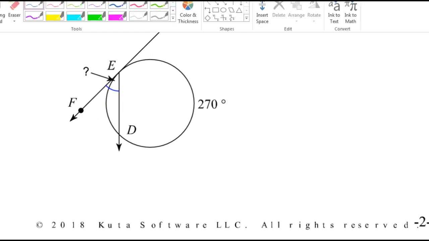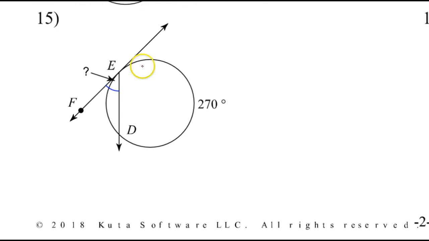So focus your eyes, for example, on this angle right here. All right, this is one of those angles like I just showed you. The vertex is right here, point E. That vertex is on the circle.